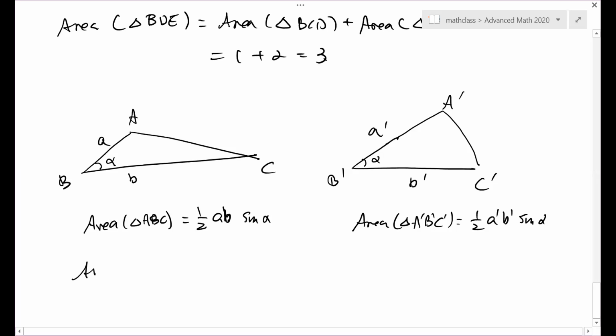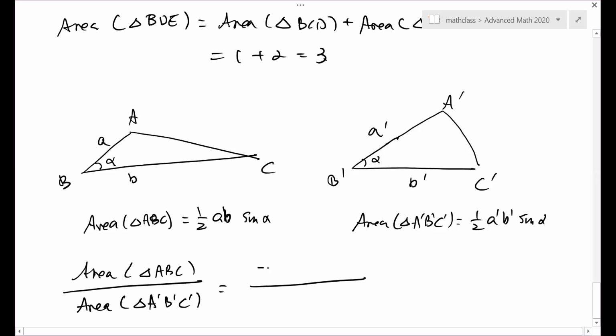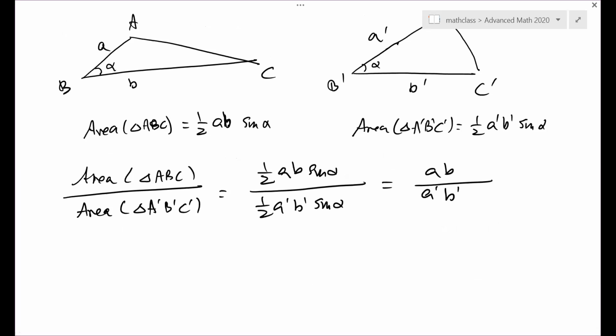But in the comparison, if you look at the ratio, this alpha disappears. So it's half of AB sine alpha over half of A prime B prime sine alpha. After simplifying, you only have the ratio of the products of two sides.